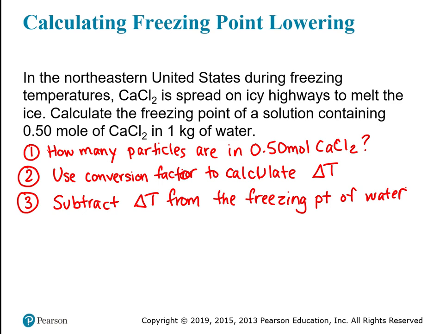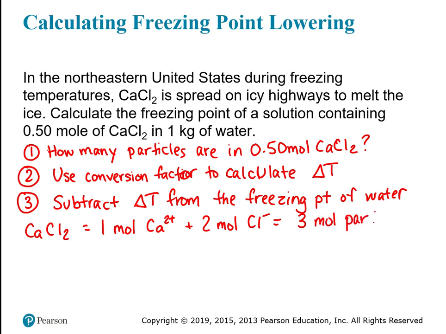So for calcium chloride, we already said on the previous slide that calcium chloride has 1 mole of calcium ions plus 2 moles of chlorine ions for a total of 3 moles of particles.